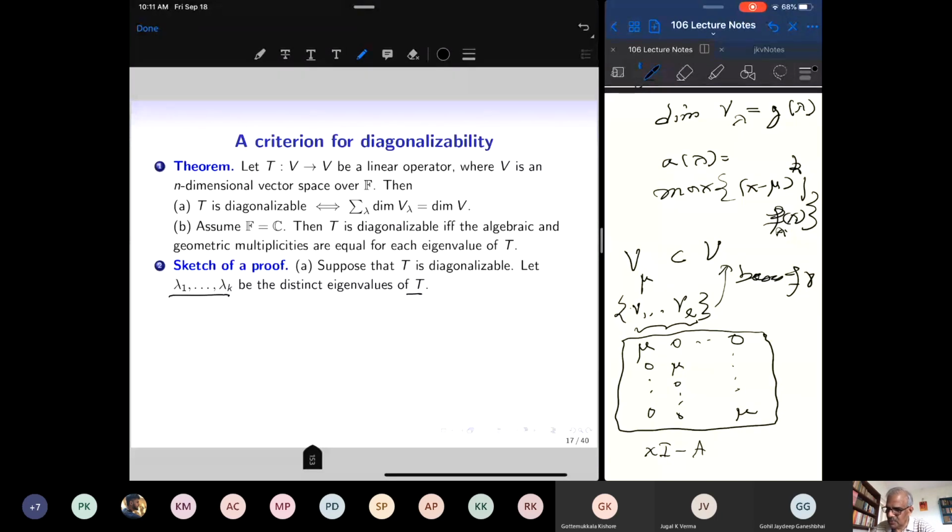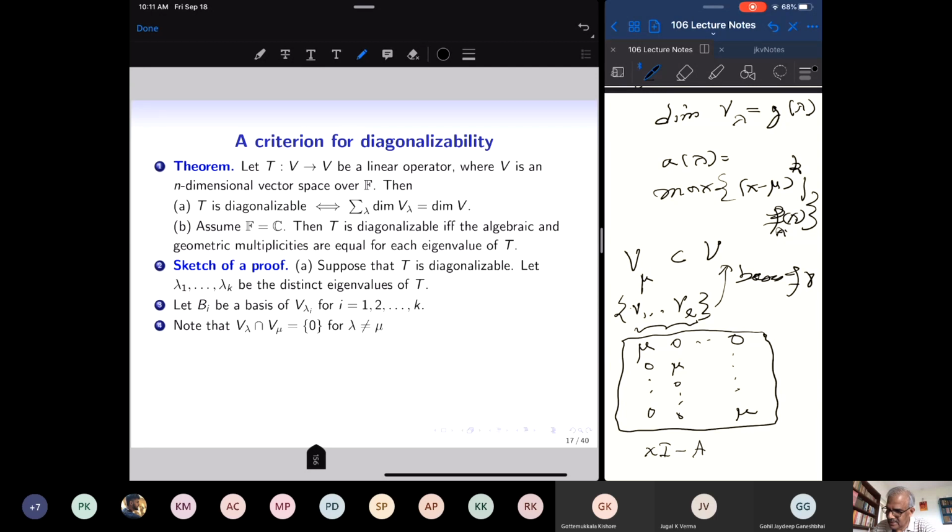Whenever this property holds among subspaces, that any two subspaces intersect only in the zero vector, then the dimension of their sum is the sum of the dimensions of the vector spaces. So I take a basis of each of the eigenspaces V lambda i.